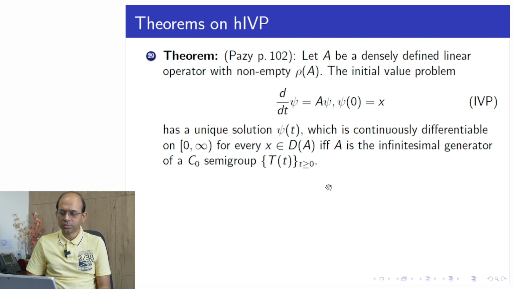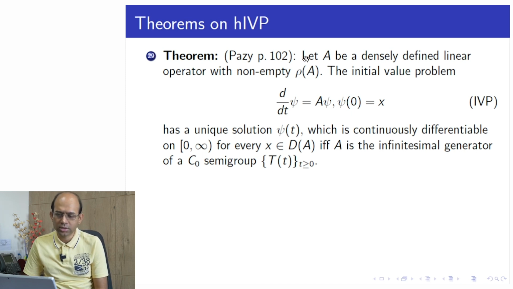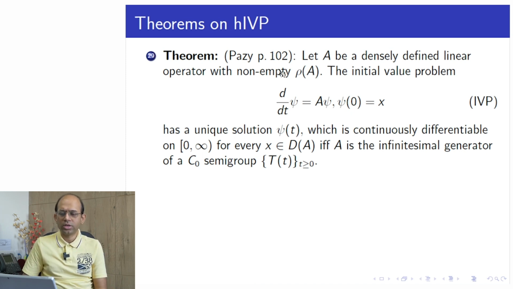These two theorems are taken from Pazy's book. I have written down the page numbers of the theorem in the book, so that curious students who would like to see the detailed proof can refer to this. Let A be a densely defined linear operator with non-empty resolvent set.